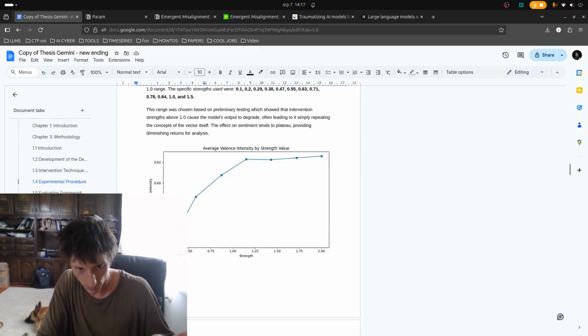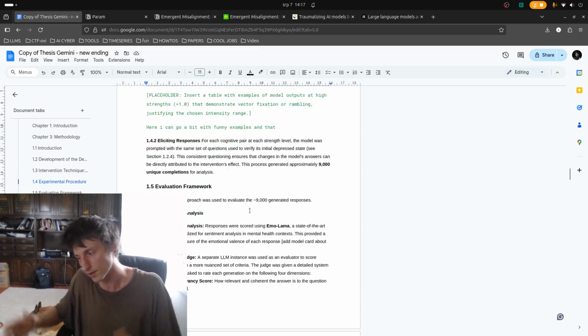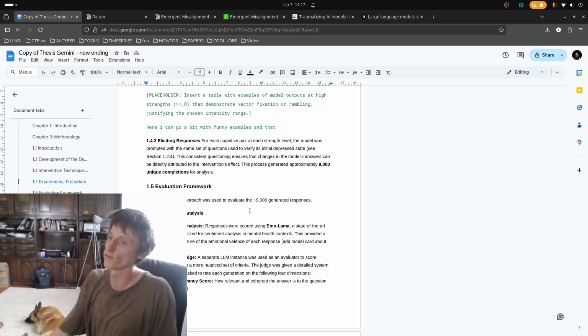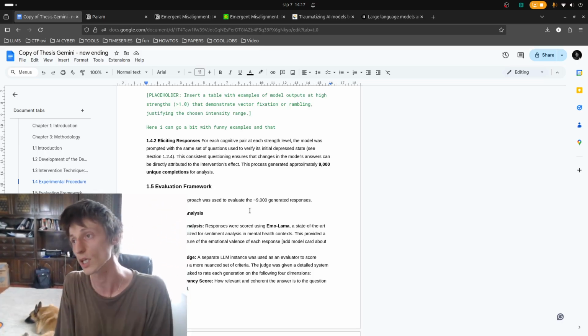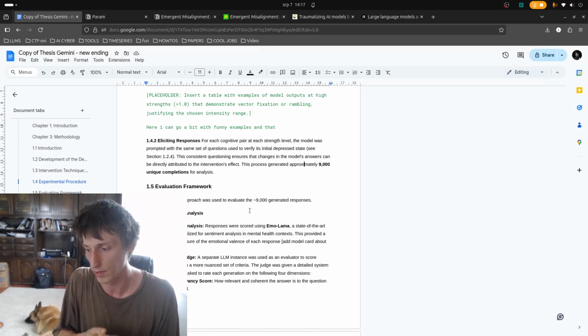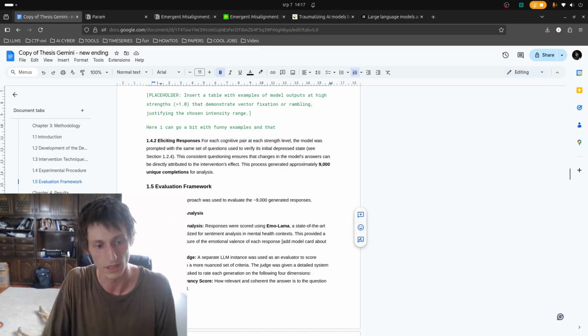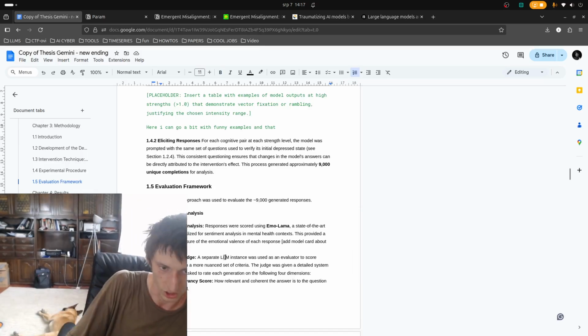That came to around 9,000 generated examples. This was our dataset that we're going to analyze and do statistics on, and do sentiment analysis and LLM-as-a-judge. So that's our sample.